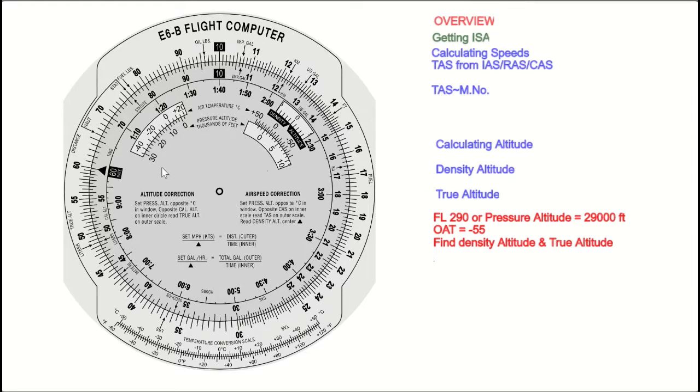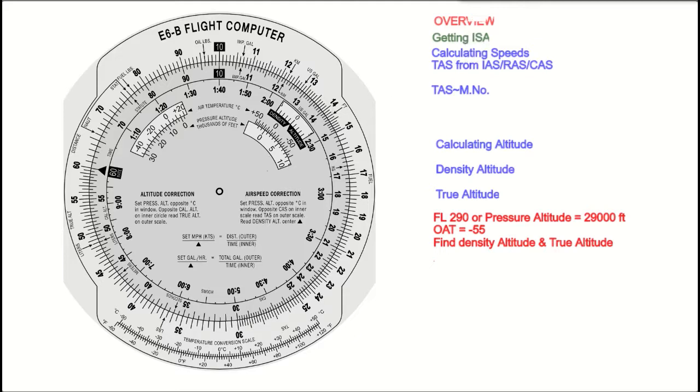Okay, 290 is here. You see here, ISA temperature at 290 should have been minus 44 or minus 43, something like that, but you got it at minus 55. So your ambient conditions are colder than what they should be in ISA, and that is why your density altitude is lower than your pressure altitude.